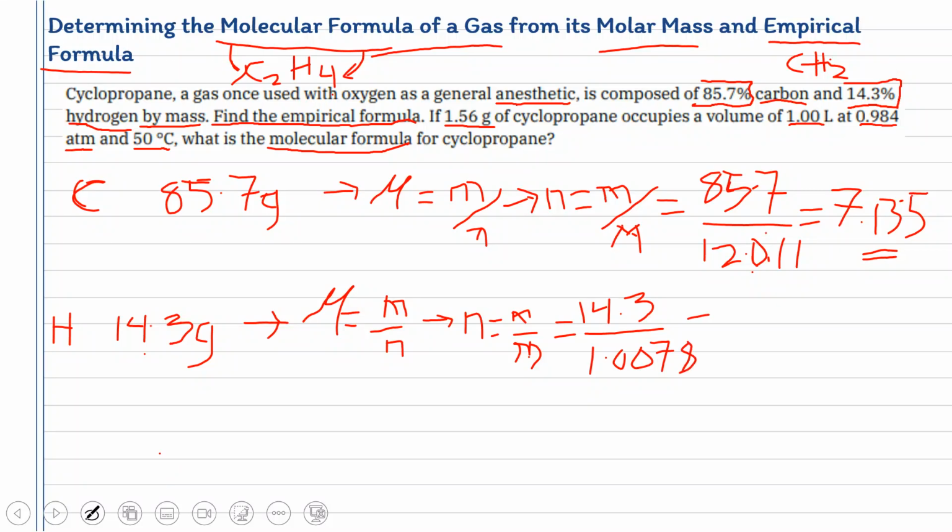Okay. I put this together, and what do I have? So let's put this. Take your calculator and let's do this together. I have 14.3 divided by 1.0078. Great. And I have something like this.